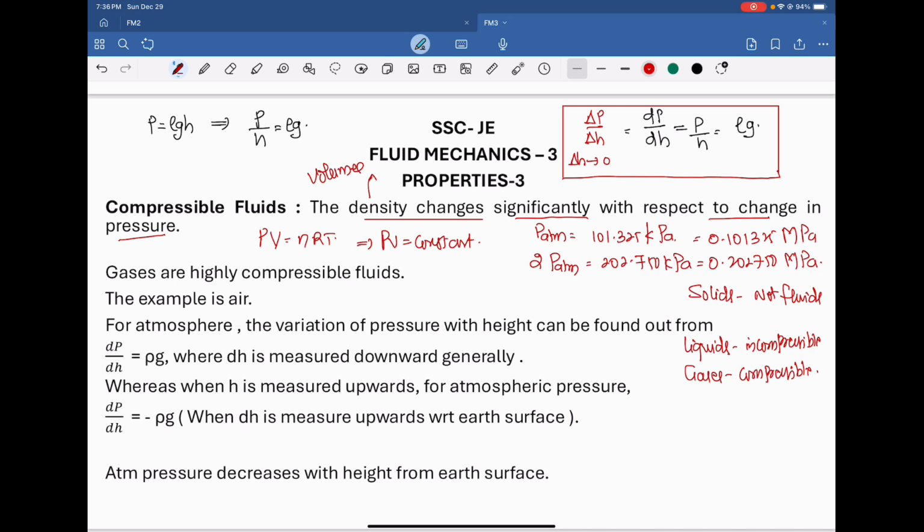PV can be represented when M is known. What is rho? Rho is kg per cubic meter. V is equal to M by rho. M is constant, so P by rho is equal to constant. That means P is directly proportional to rho.